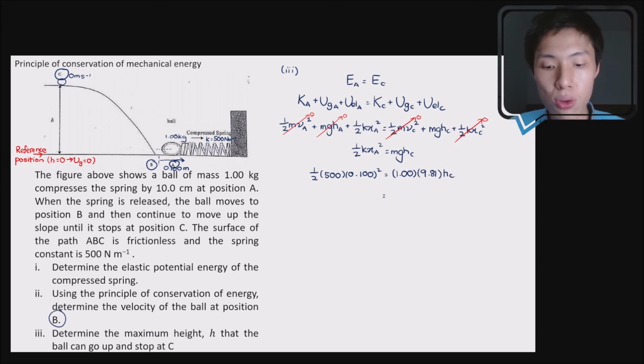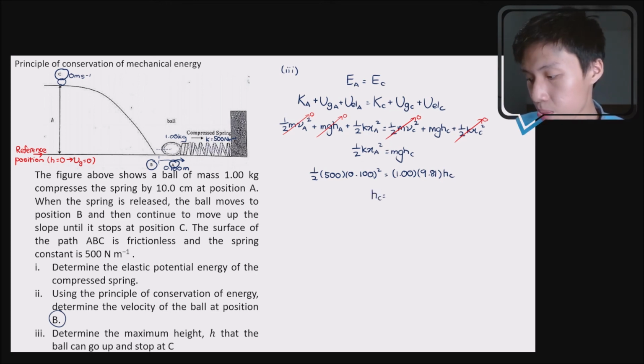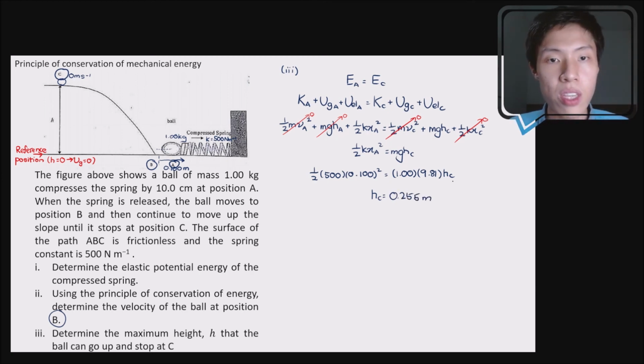Now the only unknown left here is the height at position C, so you can key it into your calculator, and I believe you can get the answer to be 0.255 meter.